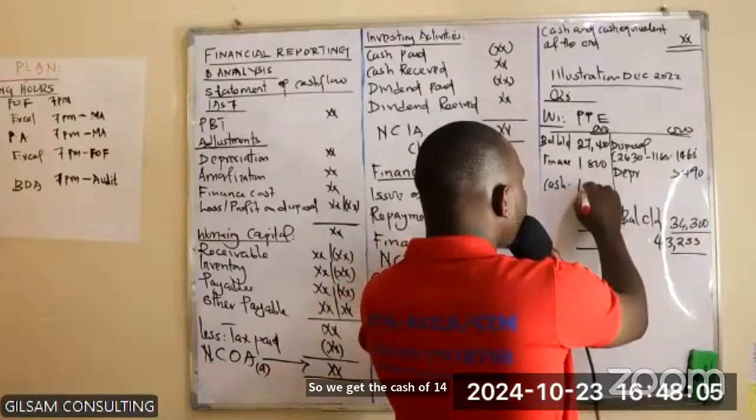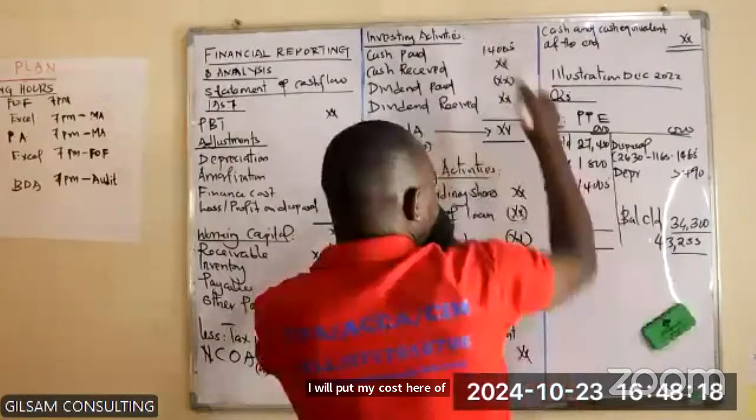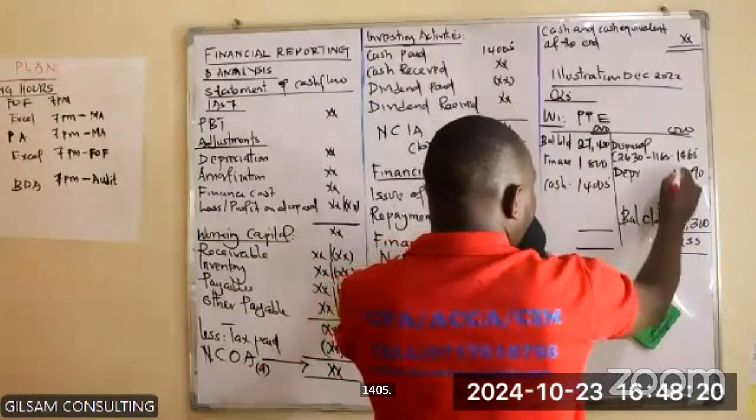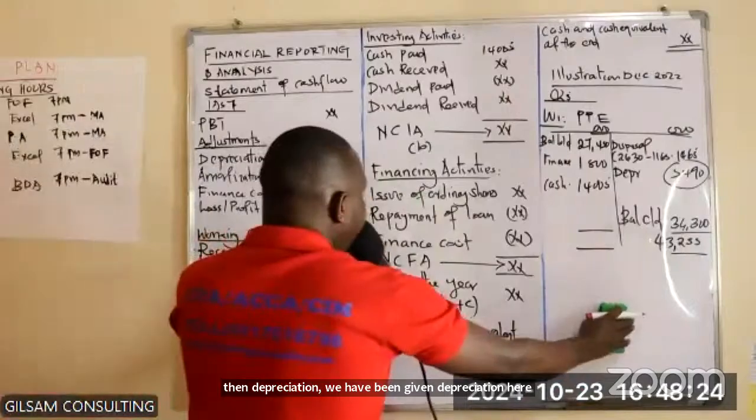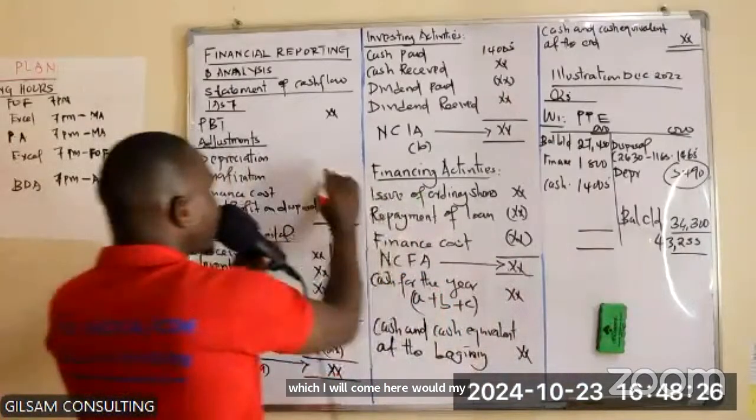So this will be our cash paid to acquire an asset, which is this one. So I will grab there and put the cash here of 14,005, and then depreciation, we have been given depreciation here, which I will come here, put my depreciation of 5490.